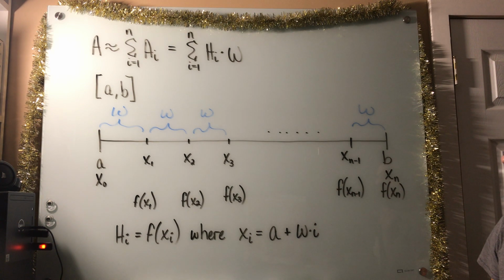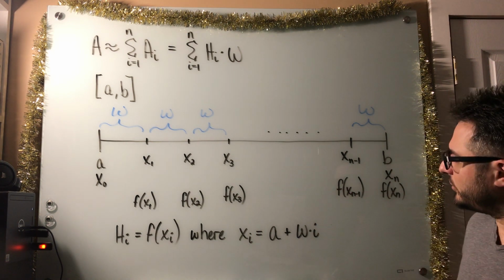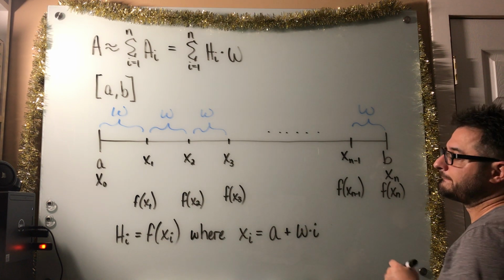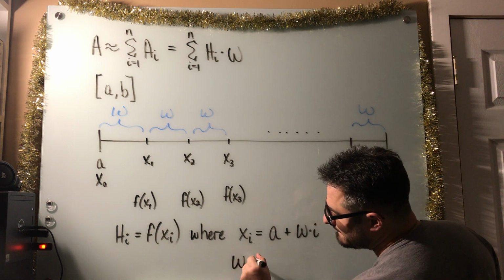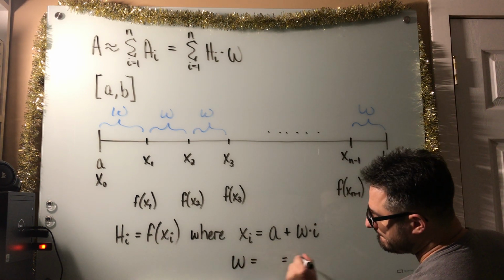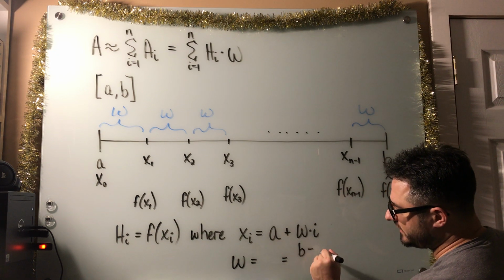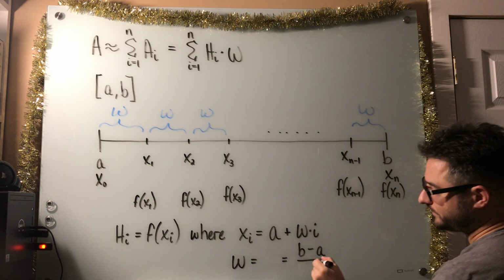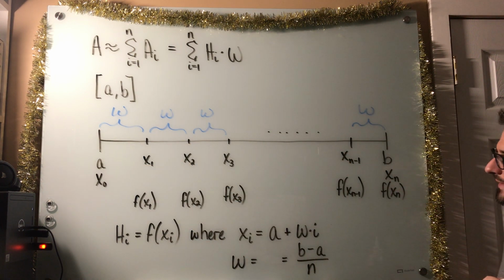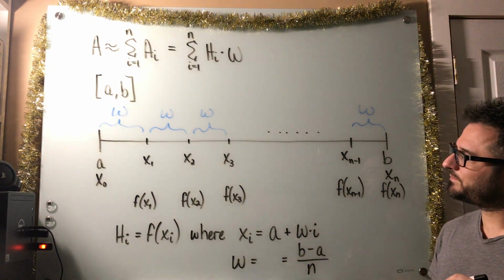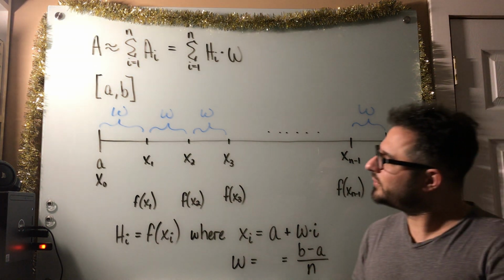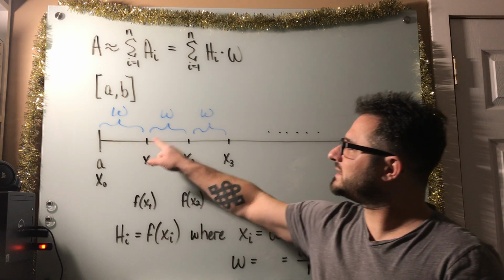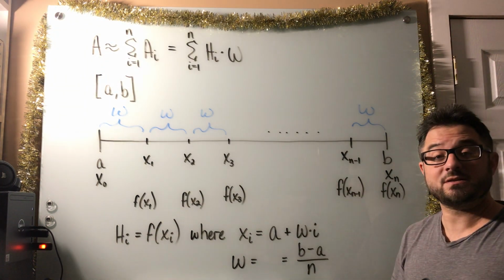Now, I'm going to come back to w for a quick moment. Now that we have this interval a to b, we say that the total width of the interval can be found by subtracting b minus a and dividing by n. We're also going to give this a new name because, okay, we are only looking at a horizontal number line, but this is reminiscent of something that you would have seen before, slope.